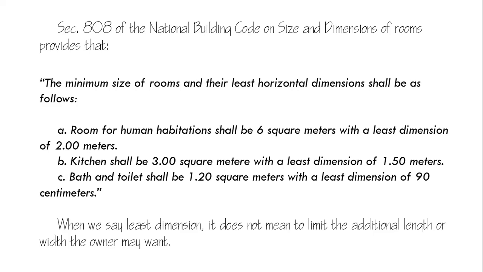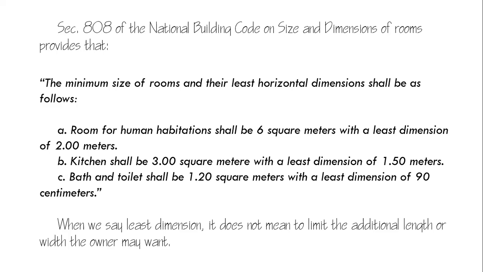Okay? So, for the room for human habitations, that means habitable rooms. Kanang basically diha mo mag-perform mo activities, diha mo matulog, do certain tasks. So that is room for habitation.